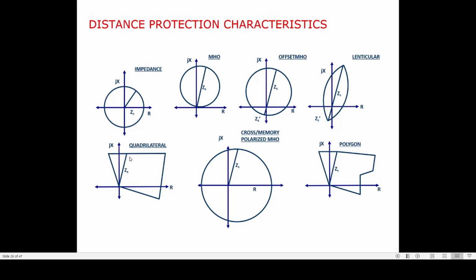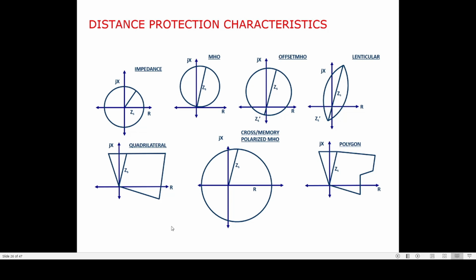In the quadrilateral characteristic, the topmost line is exactly parallel to the resistive reach, but in this polygon characteristic, this topmost line is inclined at some angle. Anyway, we will discuss it in the subsequent lectures when we discuss the effect of in-feed and the effect of pre-fault and post-fault power flow.